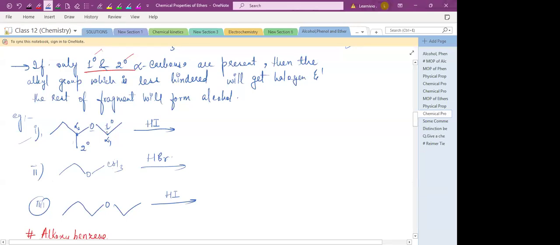That's why you will attach the halogen, iodine, to this alpha 1 position, because this primary alpha 1 carbon is less hindered. So you have to break this bond, not this bond. So what will you form from this? Iodine will attach over here, plus the remaining part will form the alcohol. So the alcohol will be this.